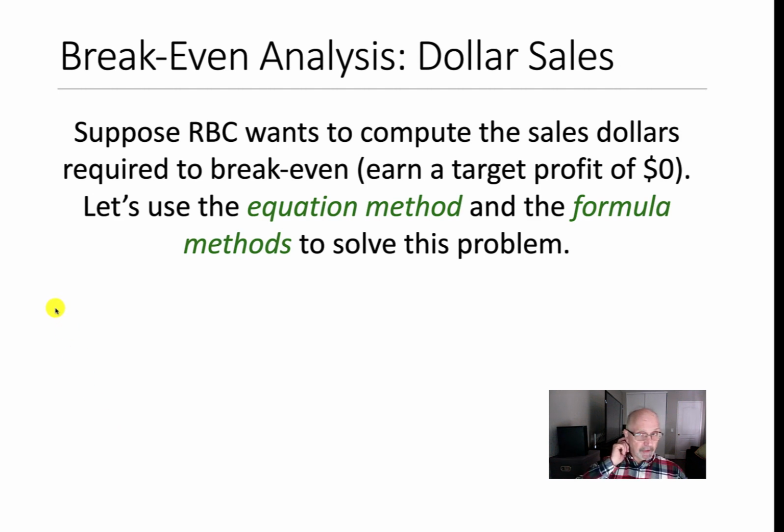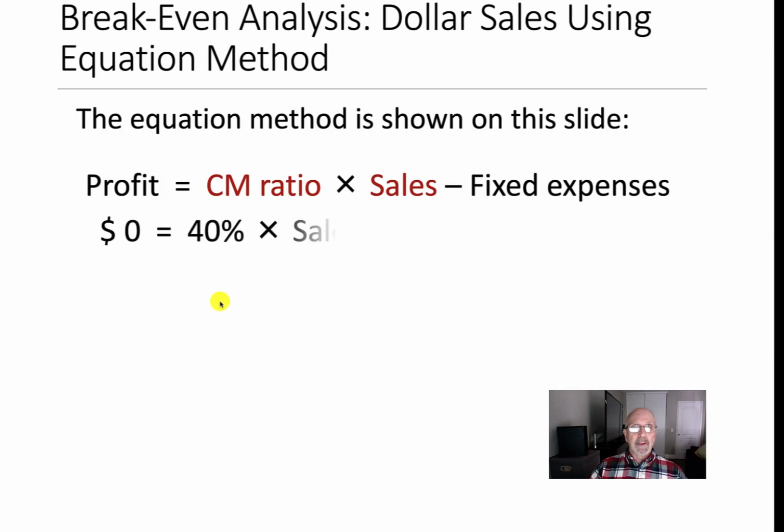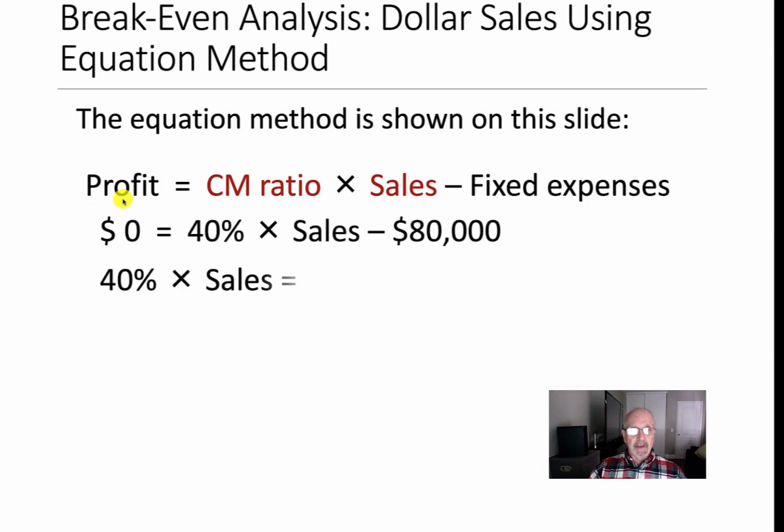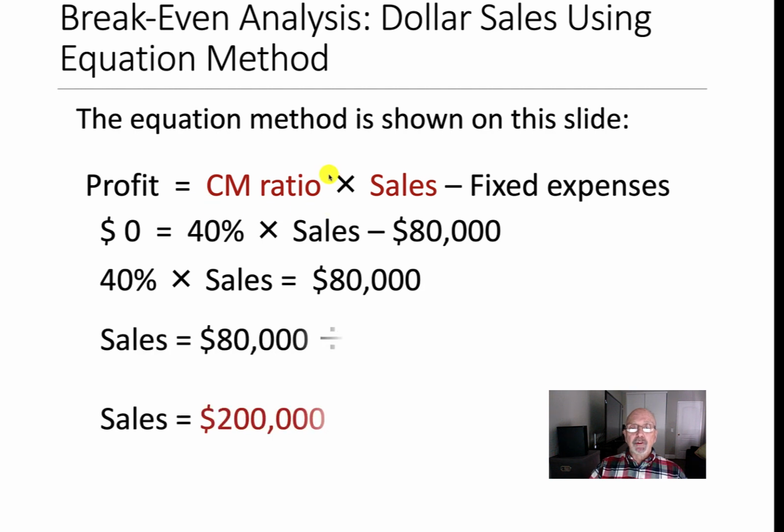Suppose RBC wants to compute the sales dollars required to break even. So now we're going to use both the equation method and the formula method to do that. So again, the equation method is profit equals contribution margin ratio. Remember, ratio is used for dollar break even.